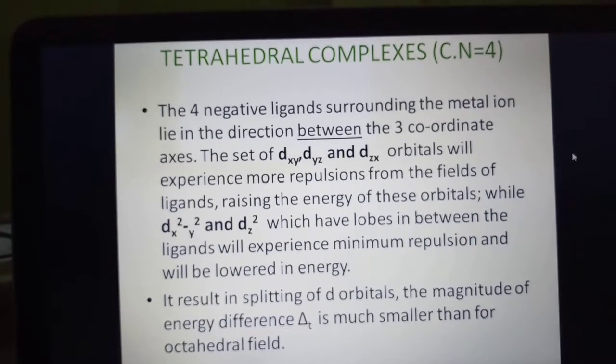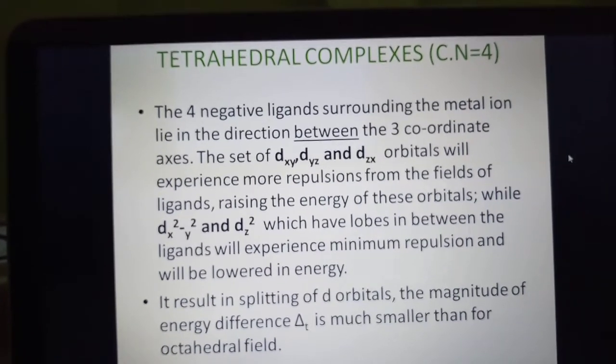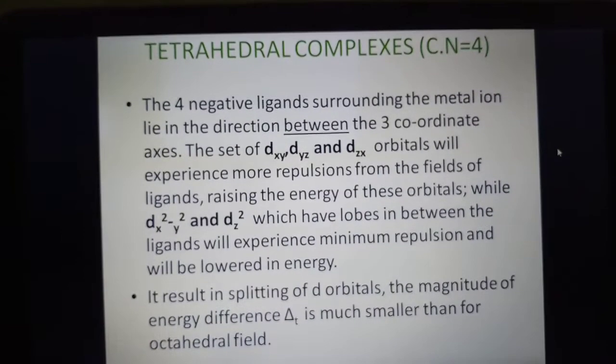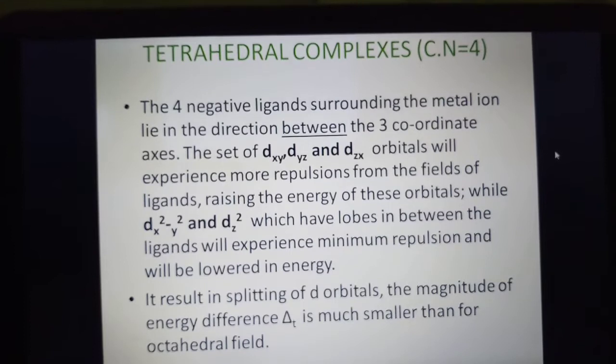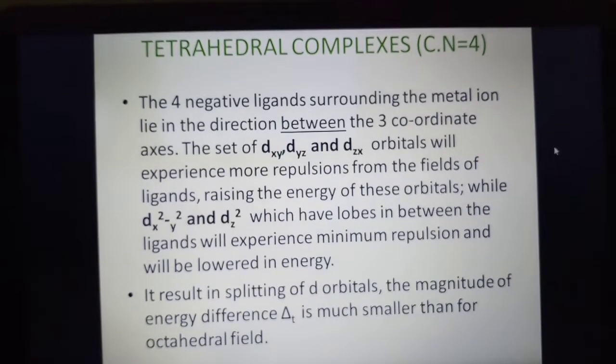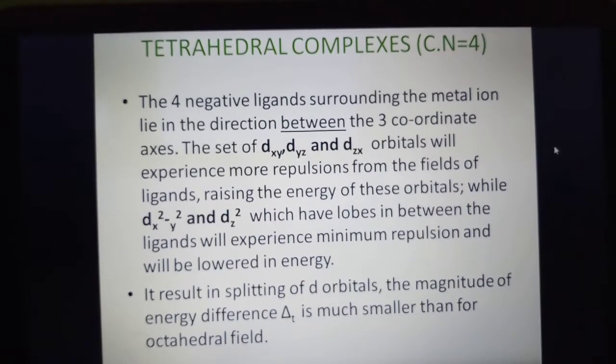In tetrahedral complexes, that is, with coordination number 4, the 4 negative ligands surrounding the metal ion lie in the direction between the 3 coordinate axes.